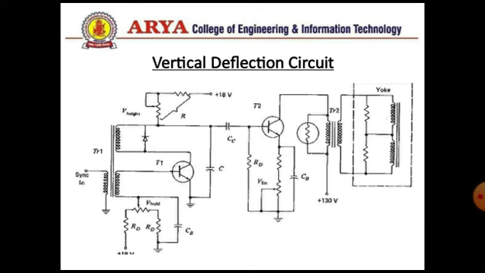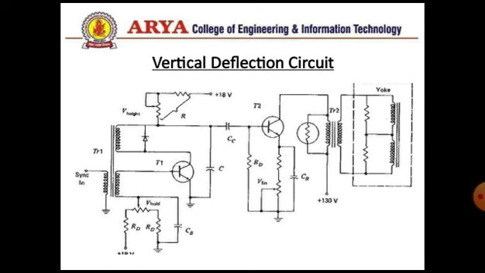So next is the vertical deflection circuit. Here the signal or the wave is deflected vertically. In this circuit, the transistor T1 will do the work for the vertical deflection, and then the second transistor T2 will do the work for further processing of the waves or the signal. Then it is given to the deflection yoke, and it will create the deflection in the signal.